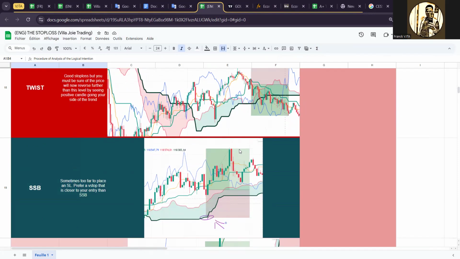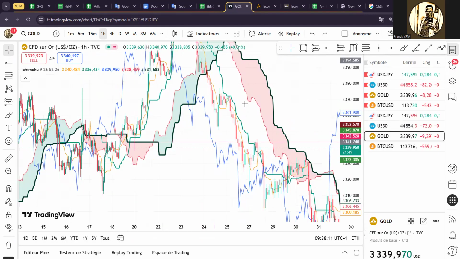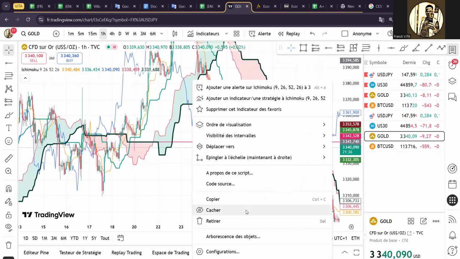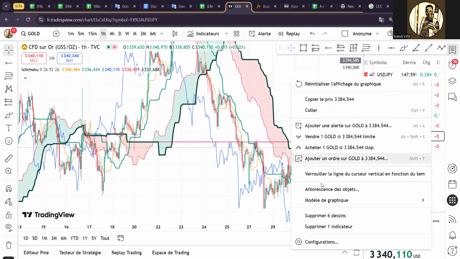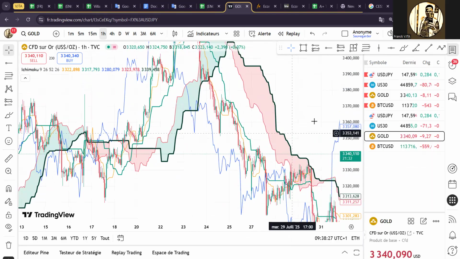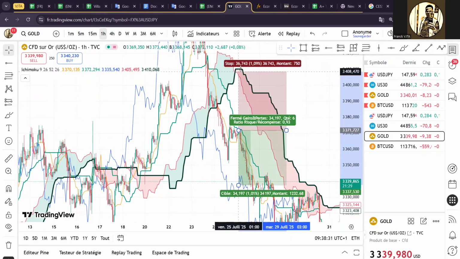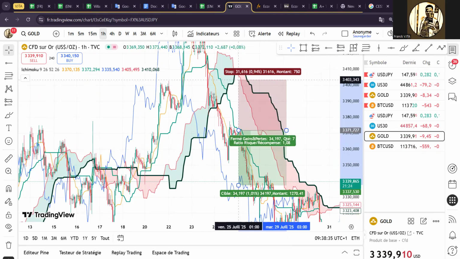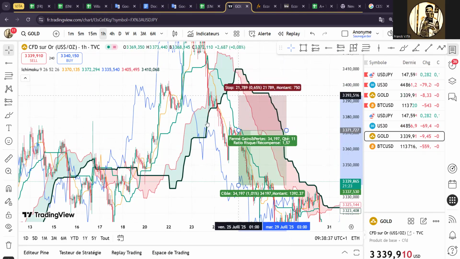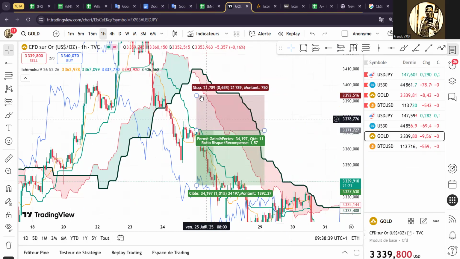We also have SSB as a stop loss. SSB as a stop loss can sometimes be too large. Let us say you sold this Kijun. If you go and find the SSB above Kijun, see how fat it is. The best will be this V stop, right? One of the best.